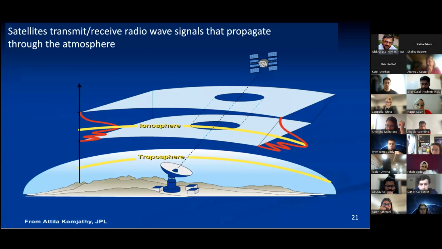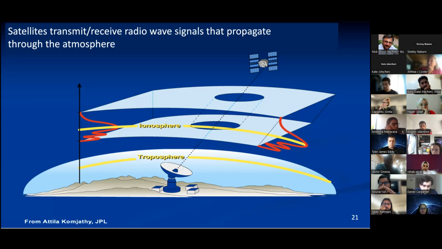Again, we're talking about radio waves that propagate through the atmosphere and the ionosphere. When they designed GPS, they knew that these two regions were some of the largest error sources in their positioning, navigation and timing solutions. Because the ionosphere is dispersive, it can be the largest error source in navigation, so you want to remove it.